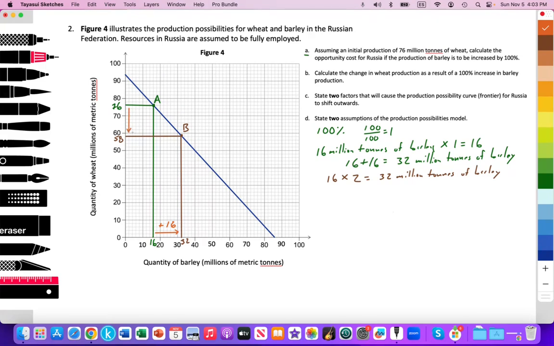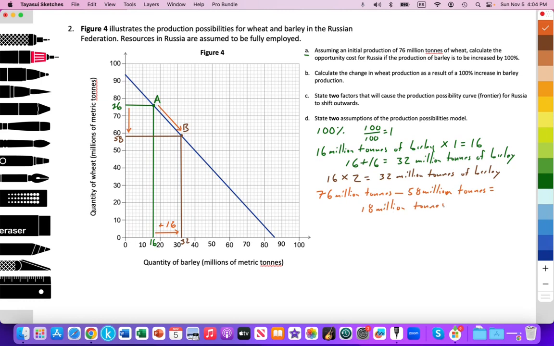So the opportunity cost is this gap here, as I go along the PPC curve from point A to point B. To calculate the opportunity cost, it's going to be equal to 76 million tons minus where I end up at, 58 million tons, and that equals 18 million tons.